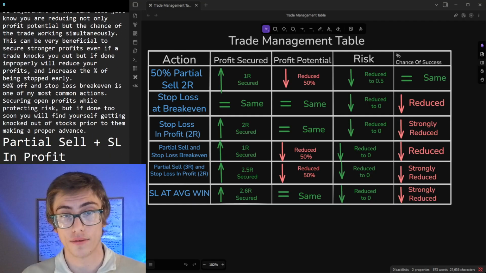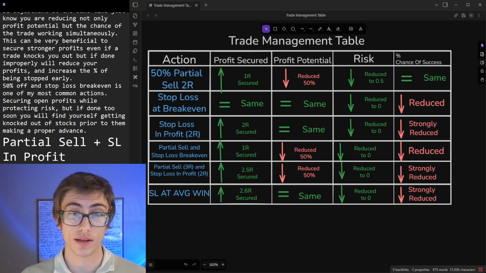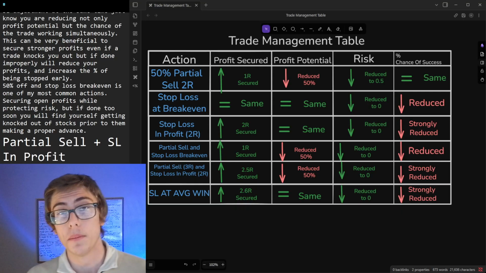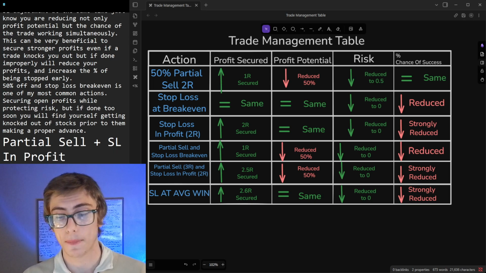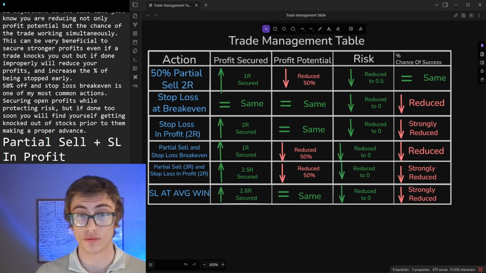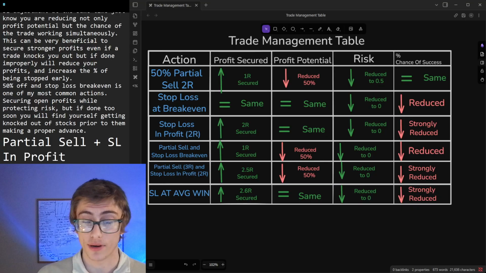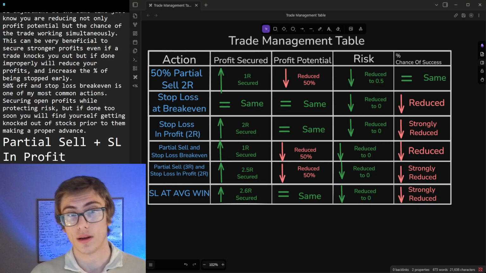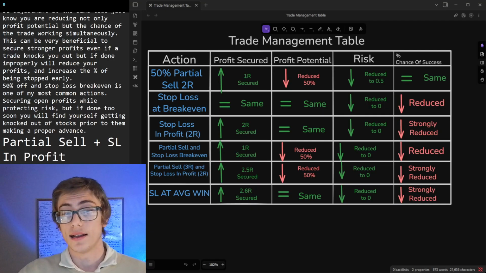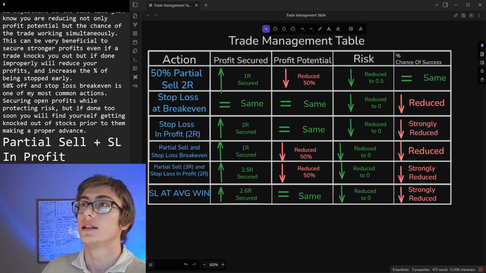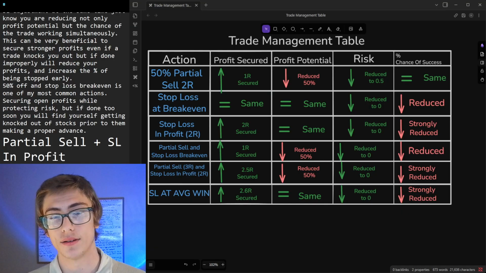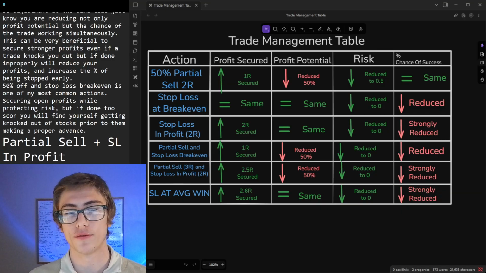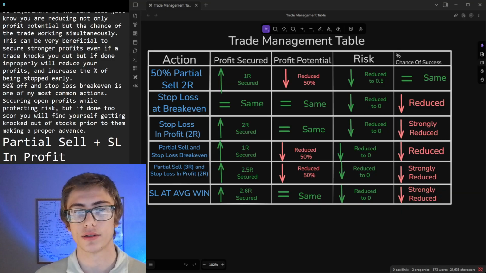So 50% off with stop loss at break even is probably one of my most common actions, but I do this after the stock has advanced enough to where there's the wiggle room to not be stopped at break even, and also by securing profit, I'm, like I was saying earlier, securing risk and profit to snowball into other positions, right? So it feeds your portfolio and your capital a bit, keeps it healthy and strong.